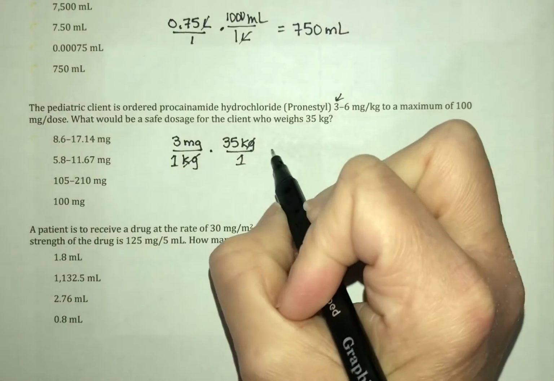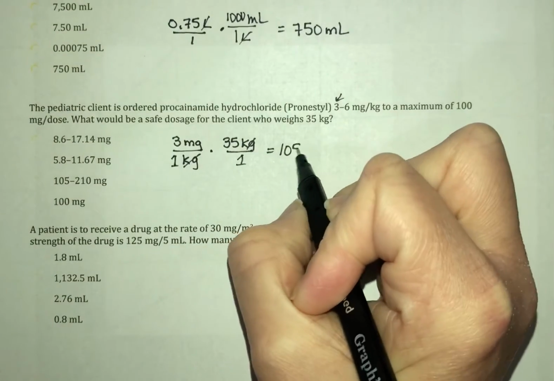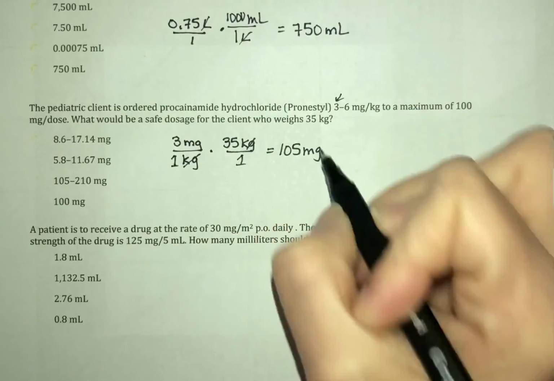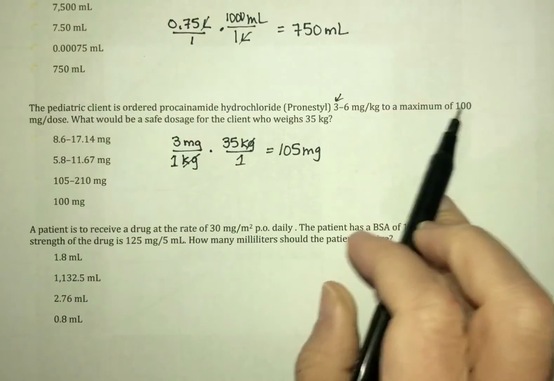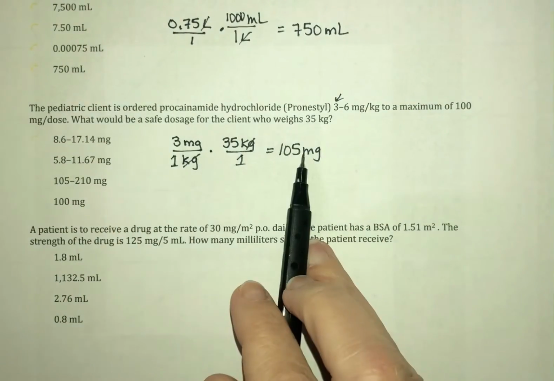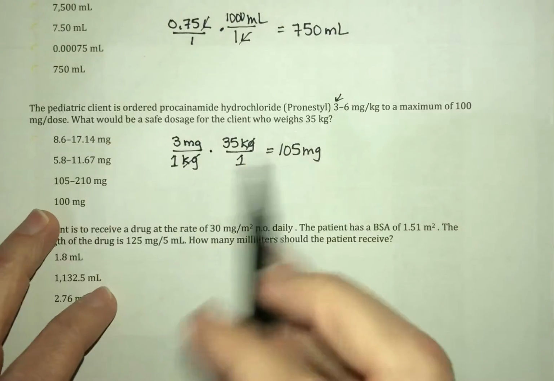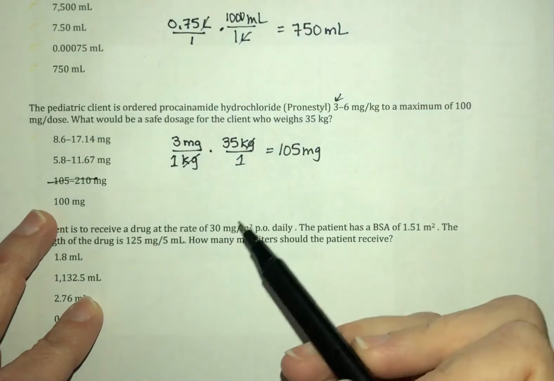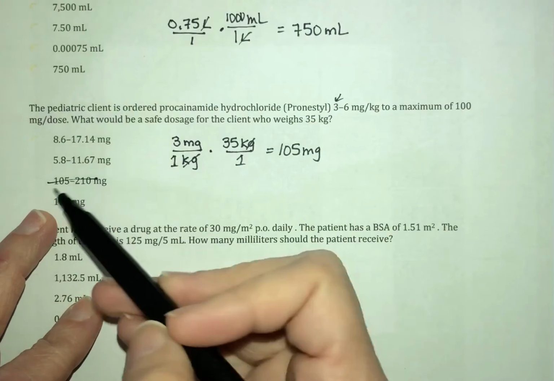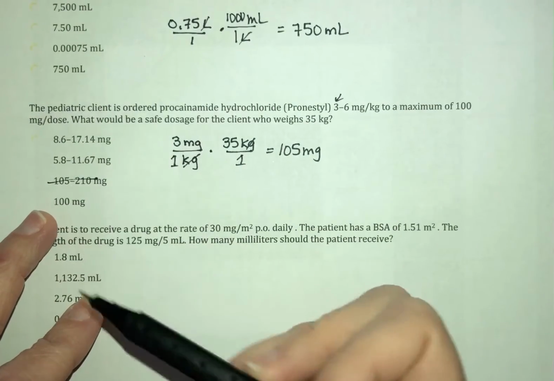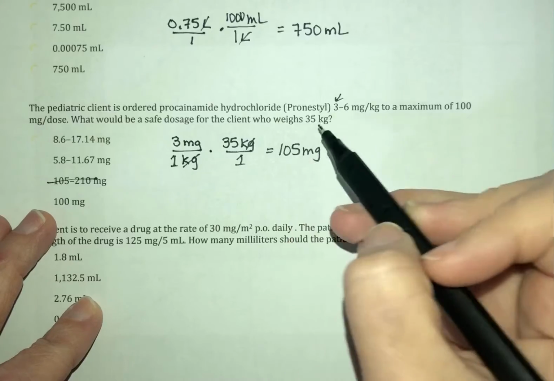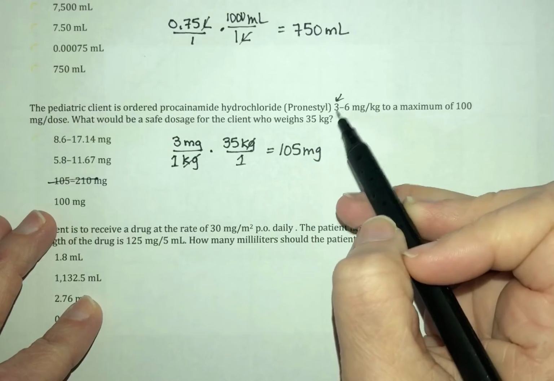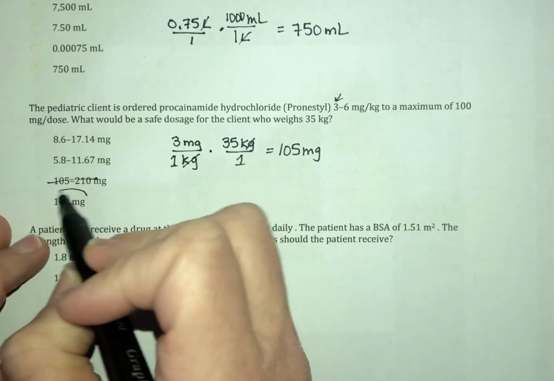You do the multiplication and you get 105. Now our maximum is 100. This is larger than 100, right? Well, first of all, just looking at this, it can't be an answer because 100 is less than that. So that one is gone already. This was my smallest dose, the 3. So my answer is going to be 100.